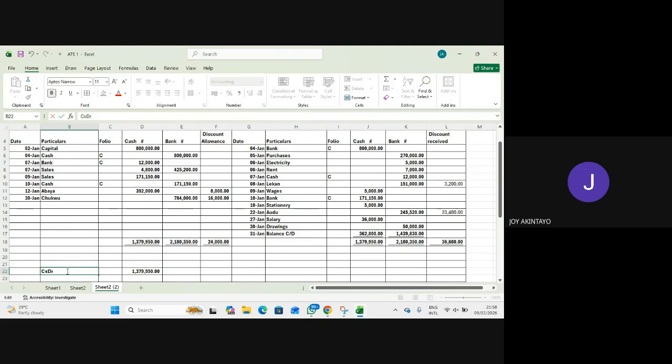These are our cash debits. So we need cash credits. Our cash credit is this. You write it with your pen, 1017.